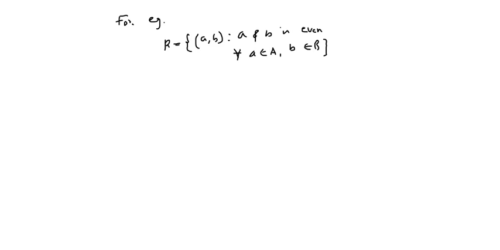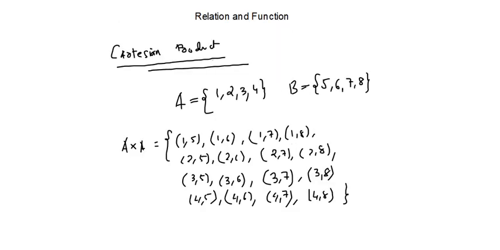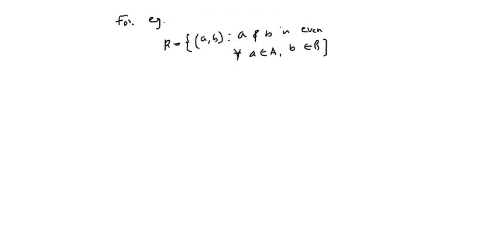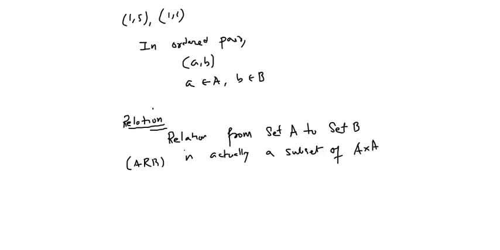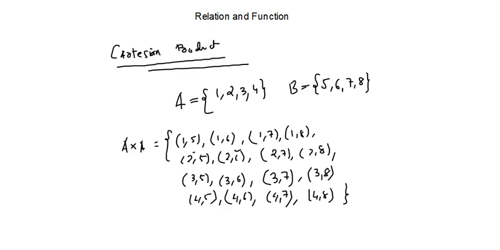So then if we go back to the cross product, which one do you think? 2 is even, okay. 2, 6, so this would be one. So then I can write R equal to (2, 6), then (2, 8), one ordered pair. And what else is there? Let's see. 3 is not even, 5 is not even, 6 is even. However, what do we want?